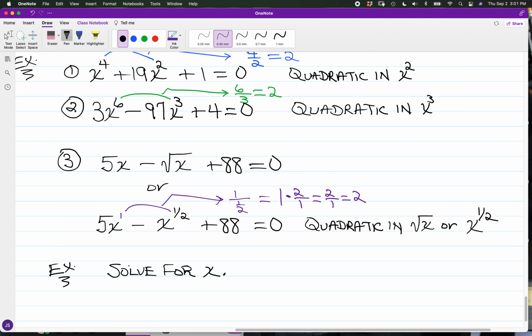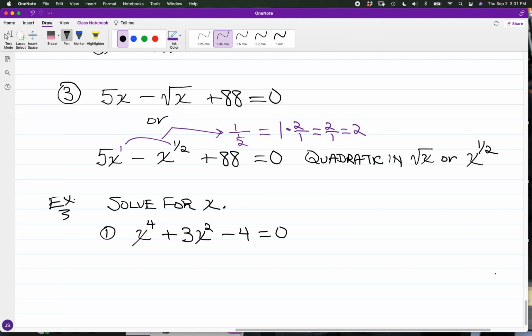Say we're solving for x, and let's say we have x to the fourth plus 3x squared minus 4 is equal to 0. Now we have a polynomial expression, and let me mention something here. With the number 4, we're solving for x, and the highest degree appearance of x is 4.